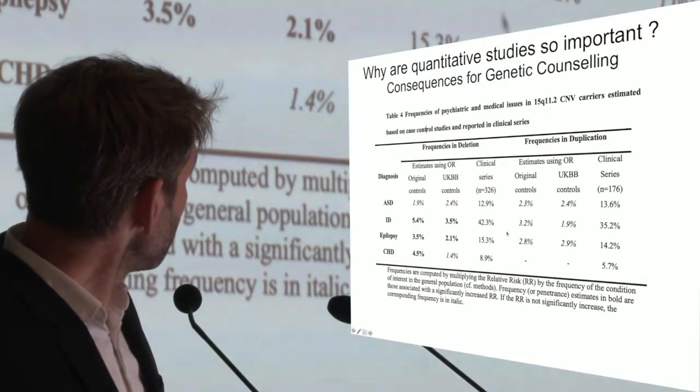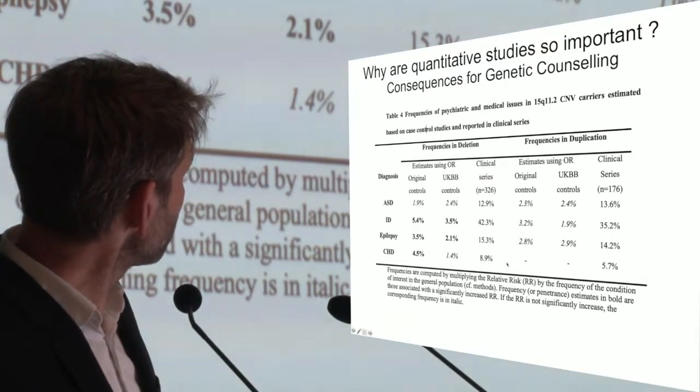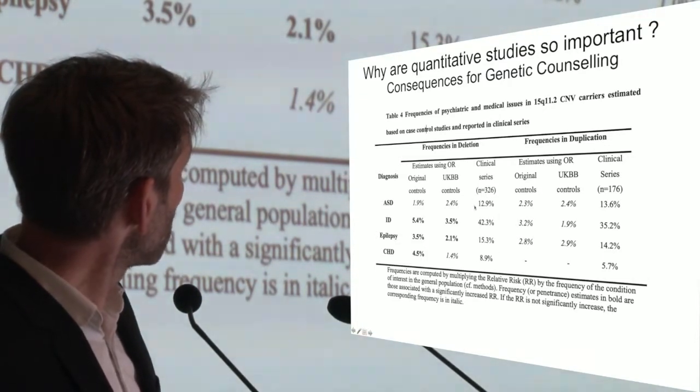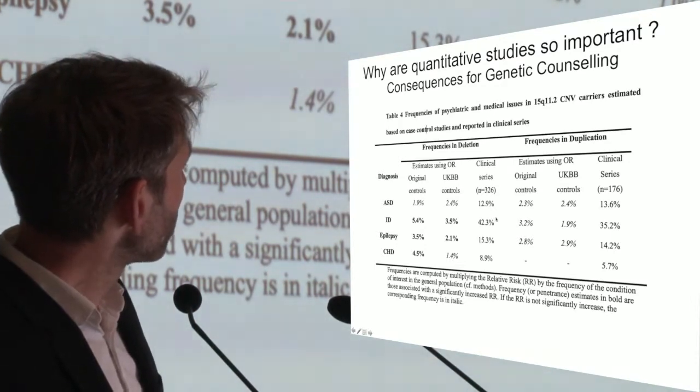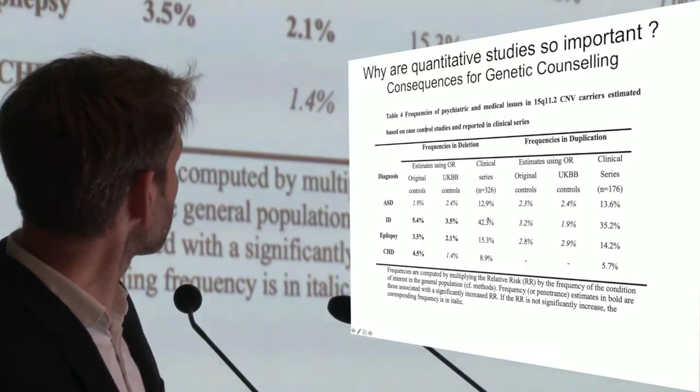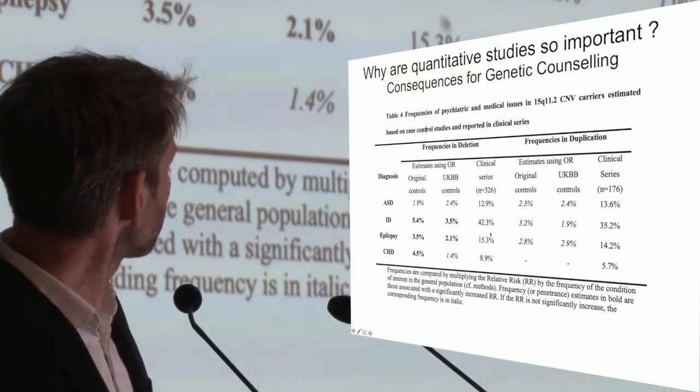And if you just use here the case series reports on this deletion, what you're going to give to the patient is, well, it's a pathogenic CNV with incomplete penetrance, and you have a 12% risk of autism, a 42% of intellectual disabilities, et cetera, et cetera.